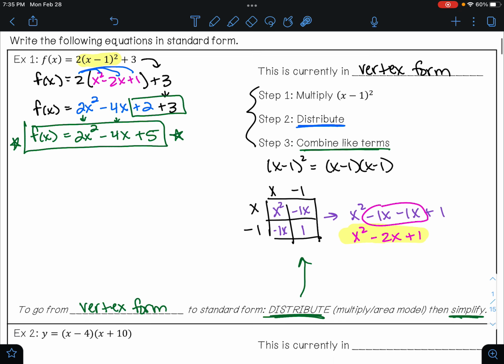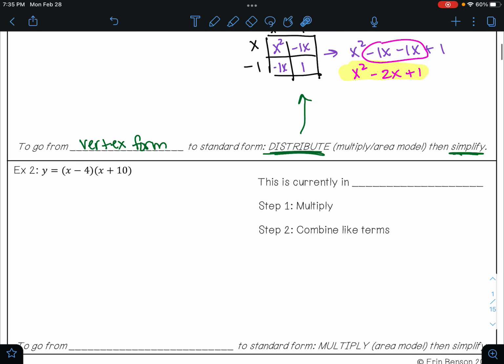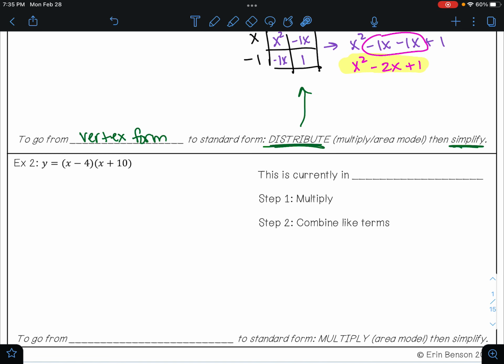Let's go ahead and look at example 2. On example 2, here we have y equals x minus 4 times x plus 10. This is currently in factored form.